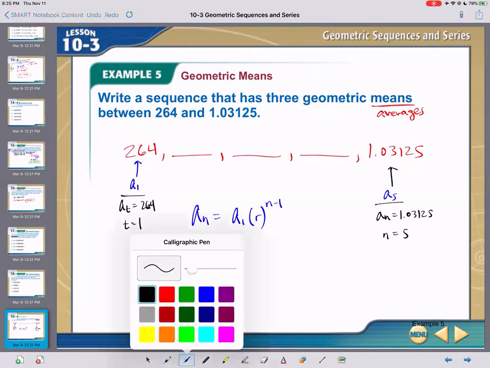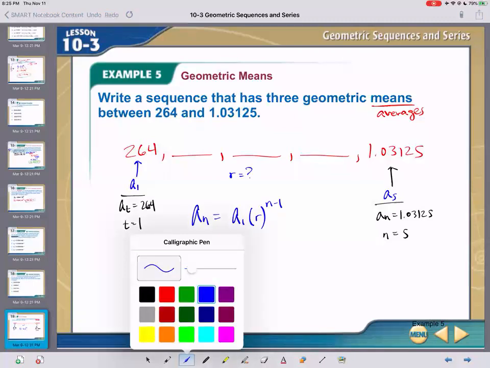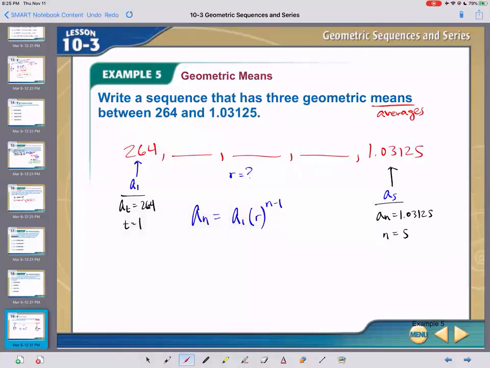The unknown in this whole mix is, what is my ratio? That is the unknown. So we could do this by hand. I've done a lot of algebra today, so this time, I know some students would prefer it, so I'll get the algebra student started. You'd plug that in there, 264 here, to the power of n.